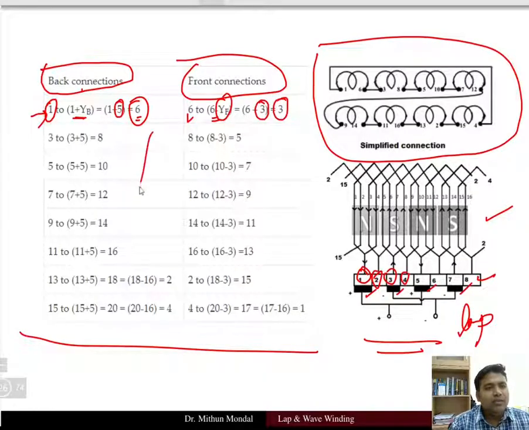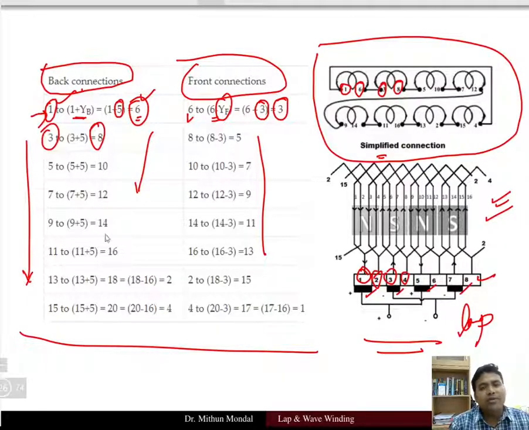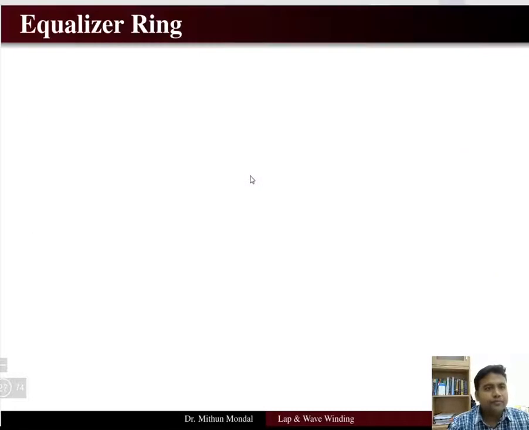So in this way we can move all these connections and try to obtain this winding. So the basic simplified connection, we can see that here the winding will be connected between 1 and 6, because we have seen the back connection is 1 and 6, and then you have a connection between 3 and 8. So in this way, if we follow it, we can connect the winding in the form of lap winding.